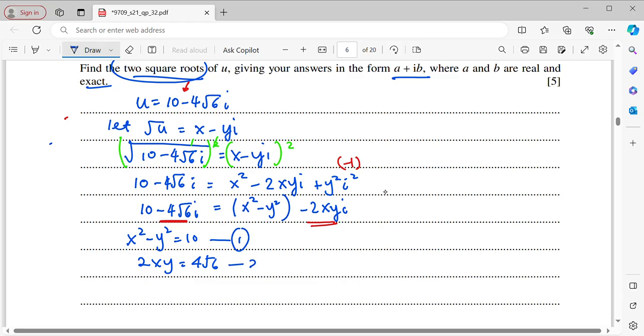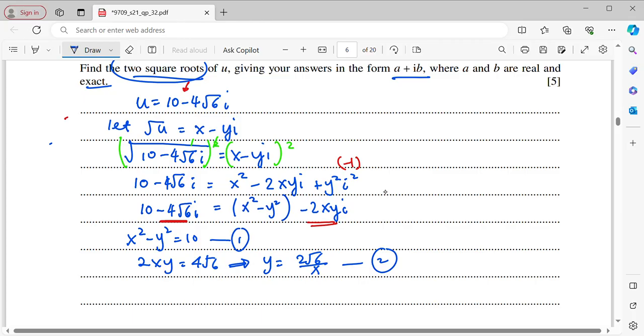So from here, I can further simplify. I will divide the whole equation by 2, so I will get y as the subject. That means y is going to be 2 square root 6 over x. This is my second equation.